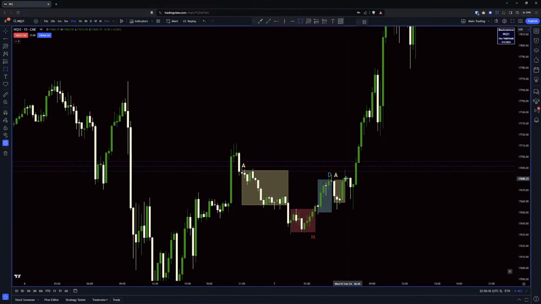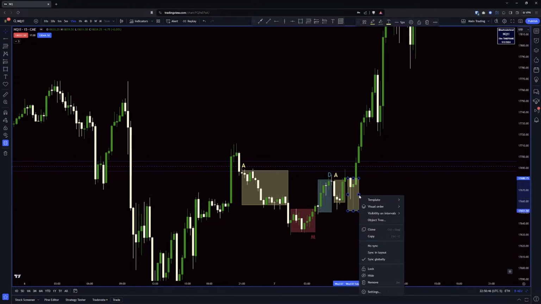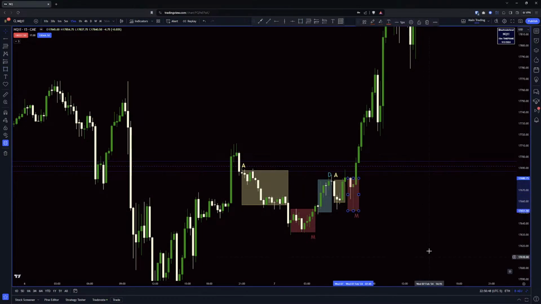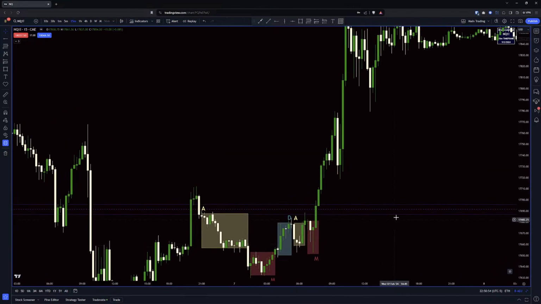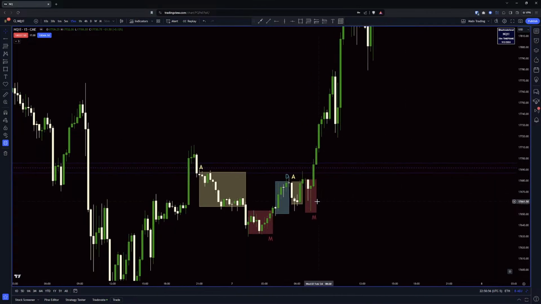And we have another manipulation event that goes down. Right? I'm just spitballing here because this is a more difficult thing to measure.